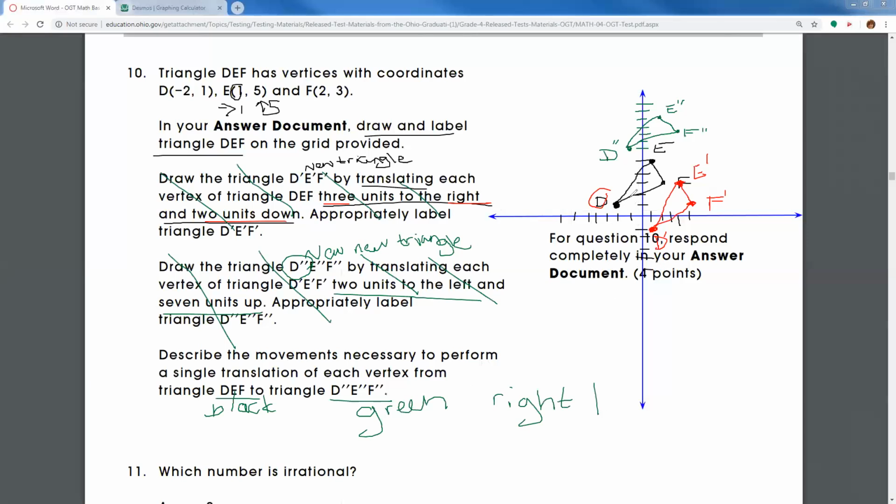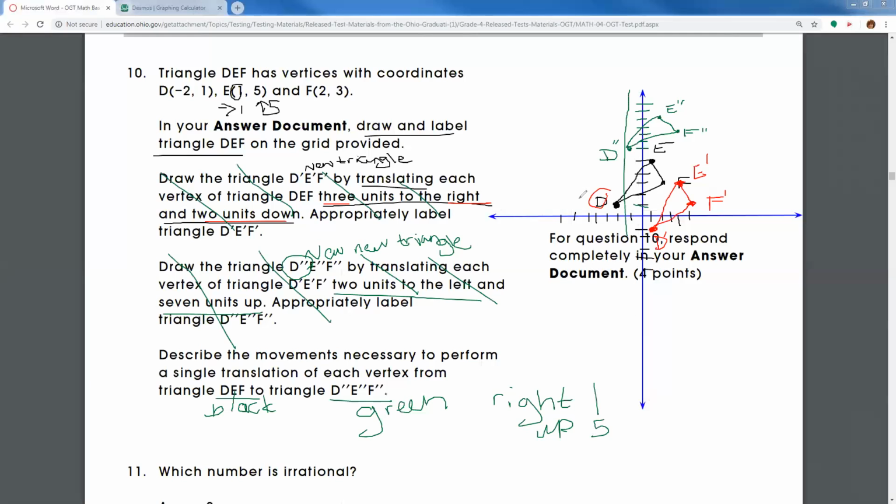And then how many spaces up do you have to move to actually get to D double prime? 3, 4, 5, 6. 6. I think it's only 5, but I don't think that's I was counting from the middle. It's really hard where it's not a grid. They'll give you a grid where they have the actual lines.